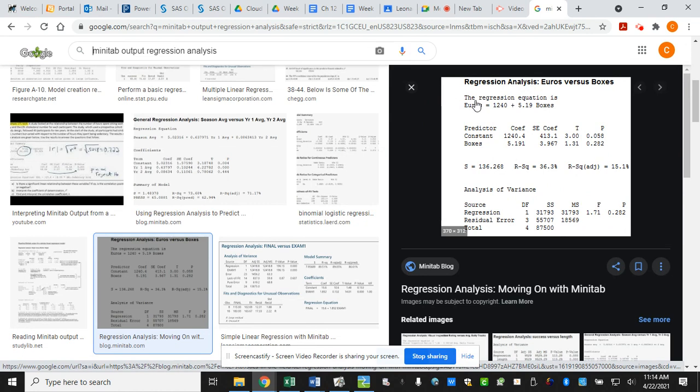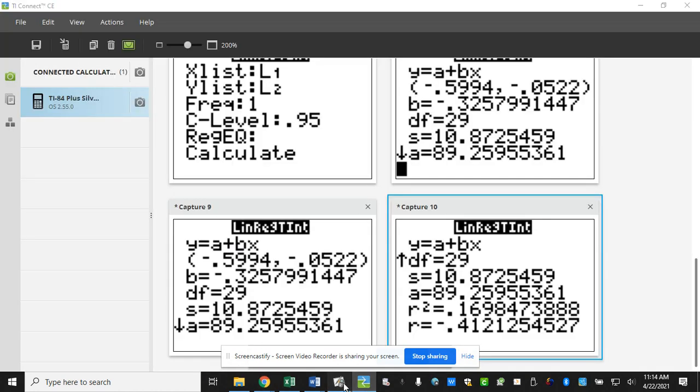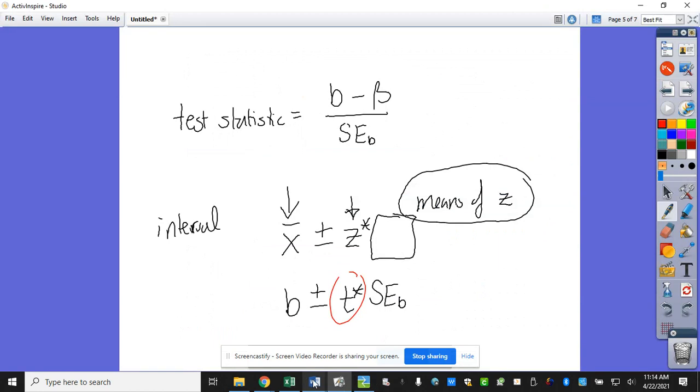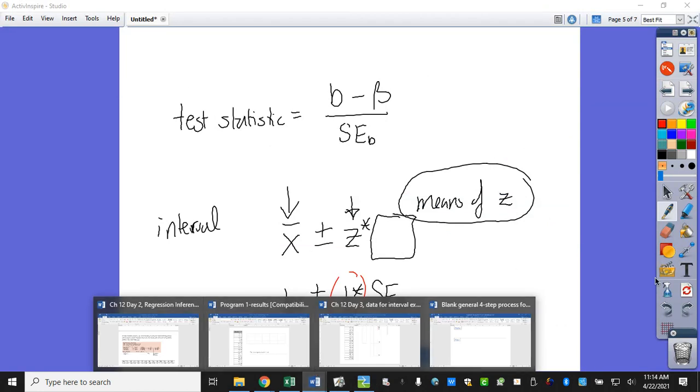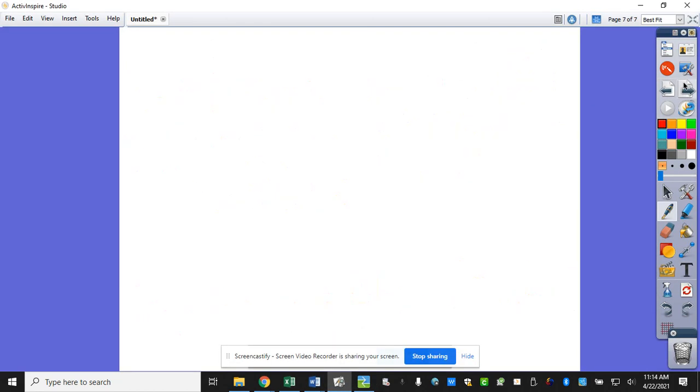Because I need you to know this, I am having you actually write this out with me on your paper, plugging in what it would look like if we had gotten a printout for the exact problem we're working on right now. So regression analysis says the regression equation is, well, it's set up with blank equals, and then 1, 2, 3, 4 blanks.